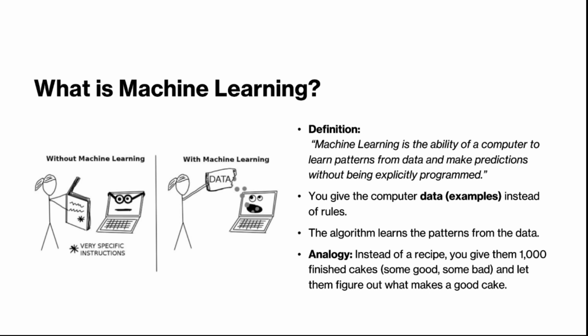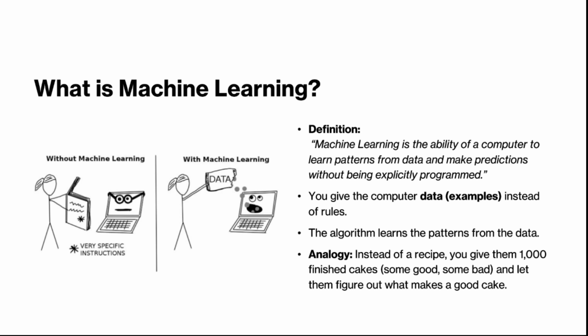It basically means as you feed data to the computer or to the model, it learns patterns on its own and makes predictions without the user or a human giving it particular rules or instructions. So let's say we give the computer a lot of examples, a lot of data, and it learns the patterns. It understands what encompasses what and makes decisions accordingly.